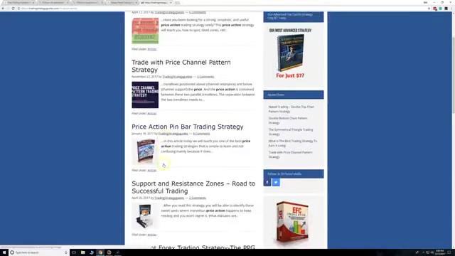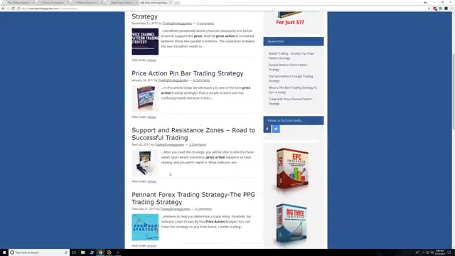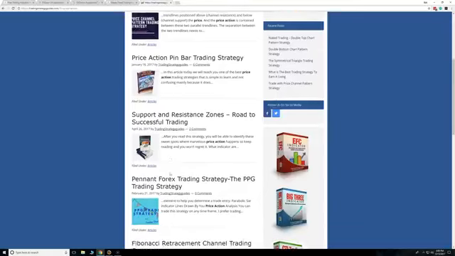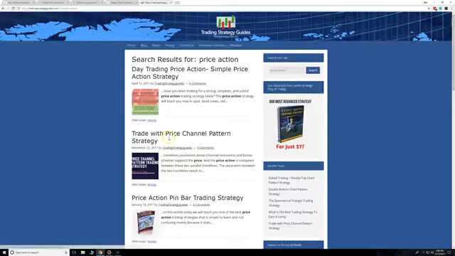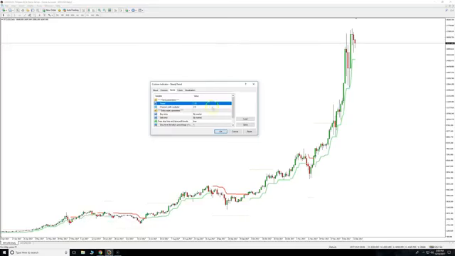This talks about pin bars. So there's all these strategies we have about price action. No indicators at all, just price action. And I would read all these. Actually, these are all very good and very detailed strategies. But a lot of them basically show you what price action is. And so I would go ahead and do that, especially if you're a beginner trader.